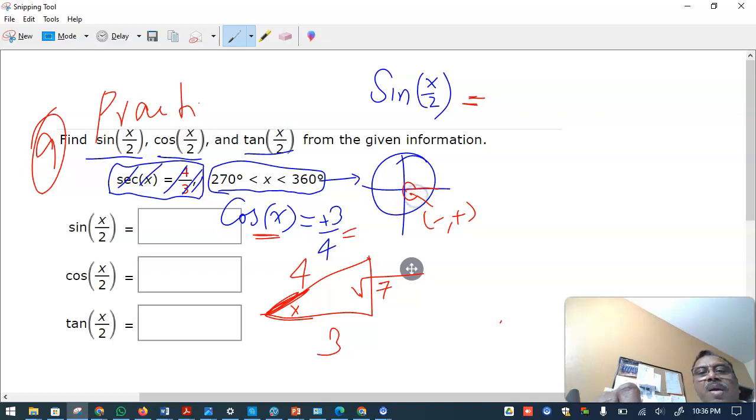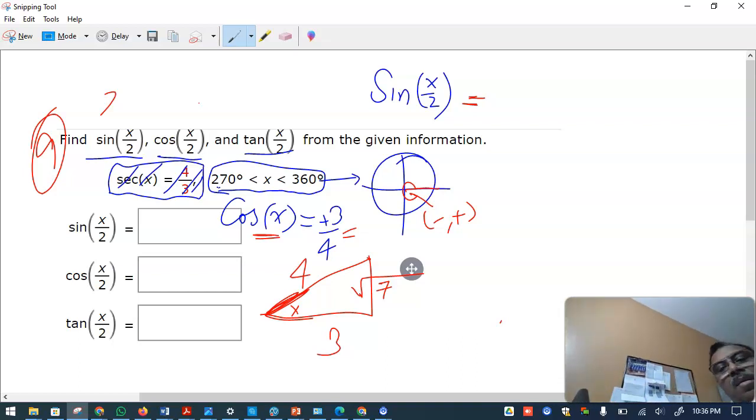And then you have to be very, very careful here because x by 2 will be different. So you'll have to divide this by 2. So when you divide by 2, half of this is 135.